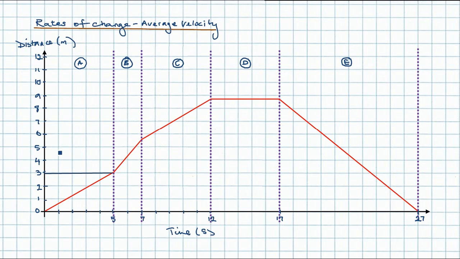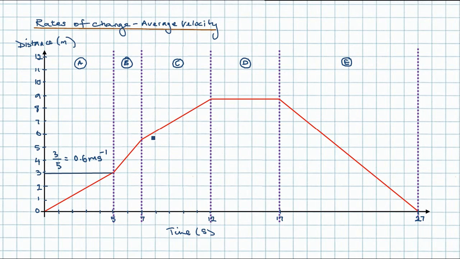Well, that was 3 over the run, which is 5, and so I'm confident that my answer for that was correct. 3 divided by 5 gives us 0.6 meters per second. And let's give it the alternative notation, because you often will see it like this, to the -1, but it doesn't mean that, it means meters per second. Okay, 0.6 meters per second then for stage A.